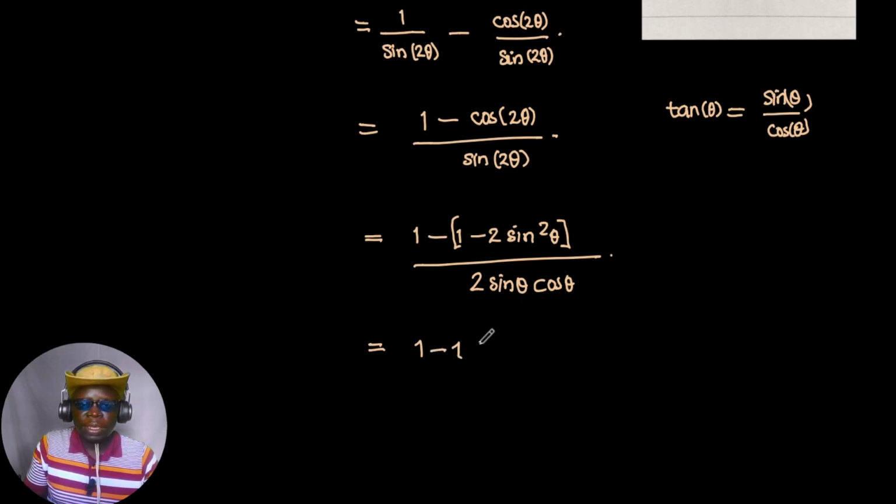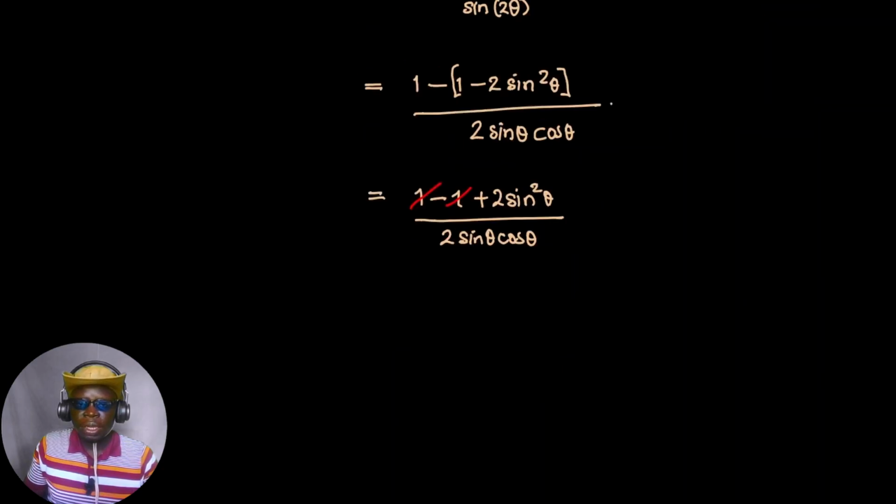So negative times negative, we get positive 2 sine square theta all over 2 sine theta cos theta. Now when we cross out our 1, we're left here with only 2 sine square theta. So I'm going to split this into 2, and have twice sine theta, also another sine theta, all over twice sine theta cos theta.